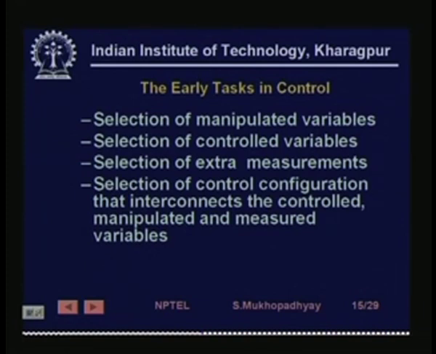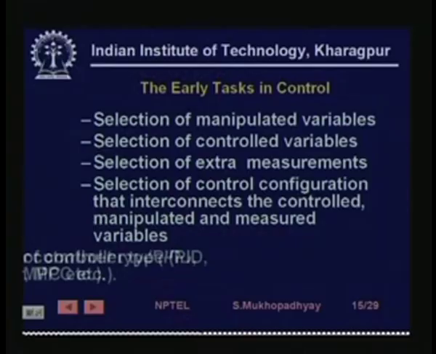Selection of control configuration, that is how you are going to connect the controllers and the sensors. So, are you going to connect it in cascade with feedforward, or we have seen some special features like the Smith predictor. These need to be done.